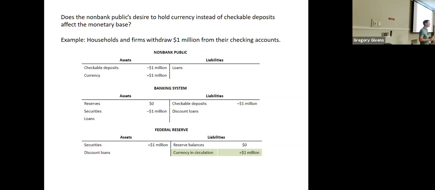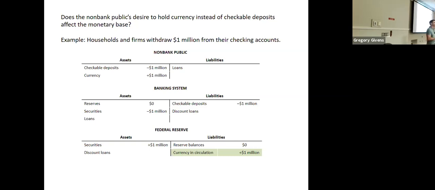But the point here is that nothing has happened to the size of the monetary base. So our decisions about how much to hold in our checkable deposits versus currency, that portfolio decision doesn't actually affect the Fed's ability to control the monetary base.